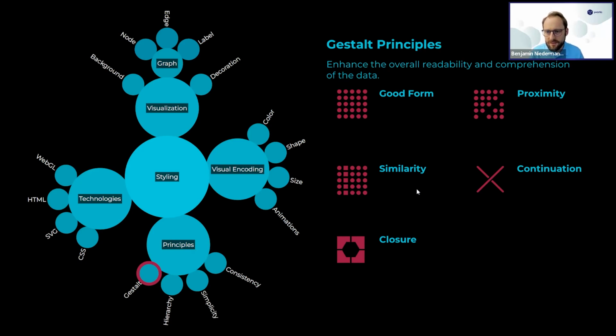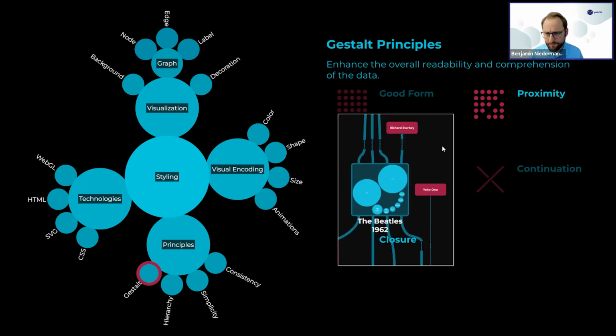So what does this mean in graph visualization? Proximity, I don't want to go through all, but some of them. Proximity basically means that we need to take really care about where to place our labels. For example, here we have this label, the Beatles, and because it's placed so closely to this group, it's very clear for us that this label belongs to this group.